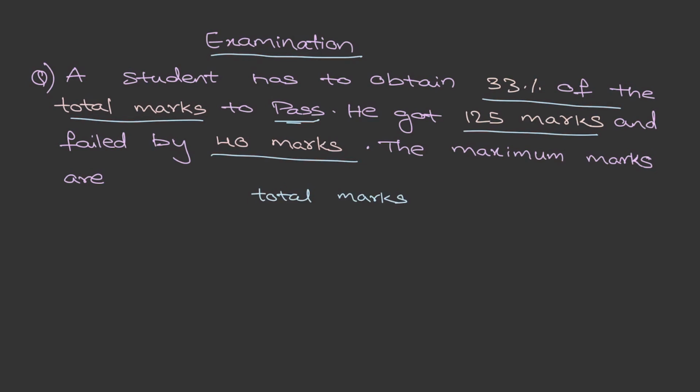Let's assume total marks as X. Given pass marks is equals to 33% of X. And given he got 125 marks. Though he got 125, he failed by 40 marks. That is, if he gets 40 more marks, his marks will be equal to pass marks.